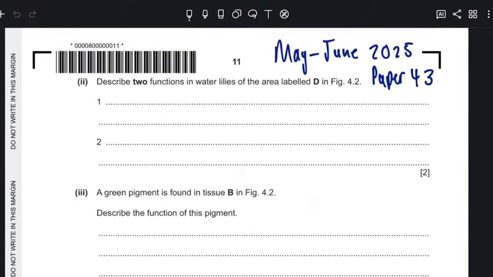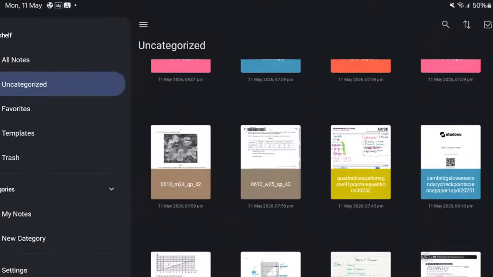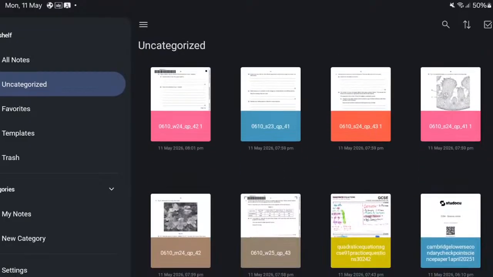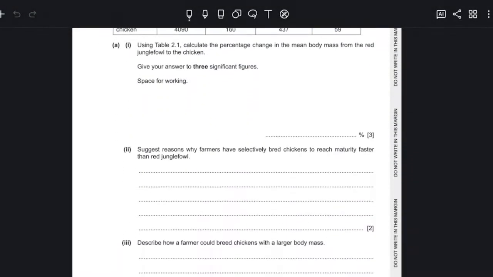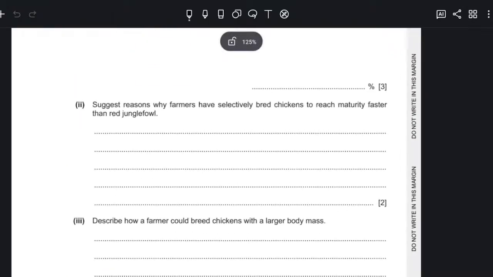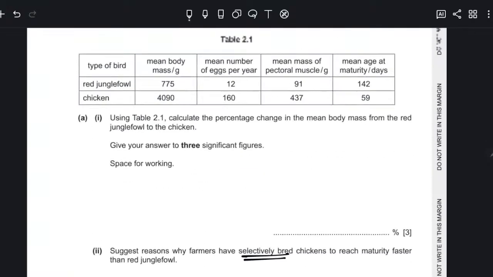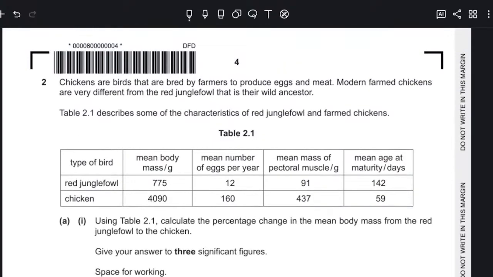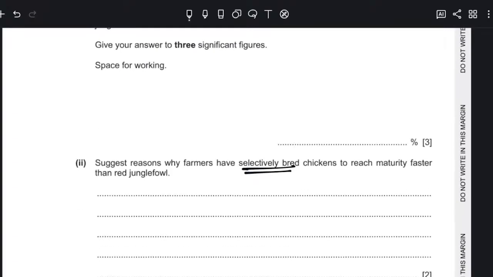Let's do the next one. Okay, May, June 2025 is done. There's another question that came in October, November 2025. This is now on selective breeding. Can you see this? Can you write, everybody?